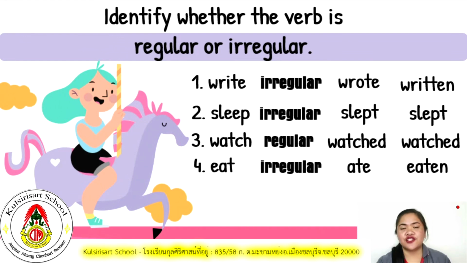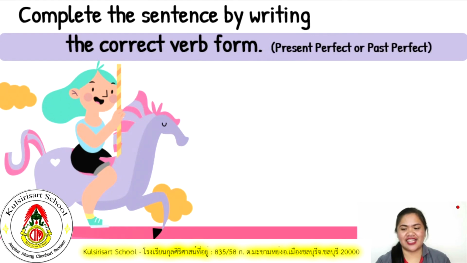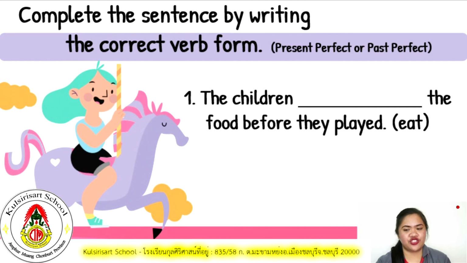That's good. So now, let's have another exercise pertaining to present perfect or past perfect tense. Let's start with number 1. But before that, let's read the instruction. Complete the sentence by writing the correct verb form. Okay, so let's start with number 1. The children blank the food before they played. Okay, we have here played as a simple past action.